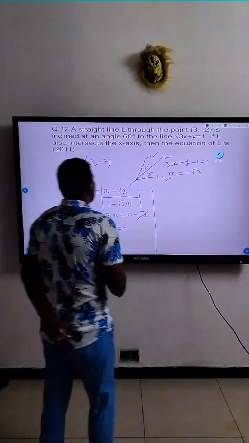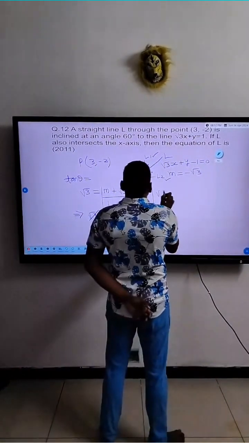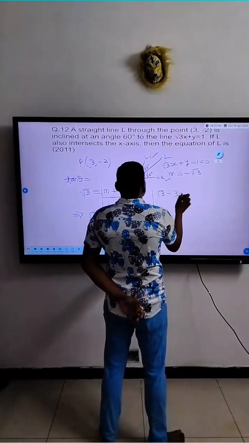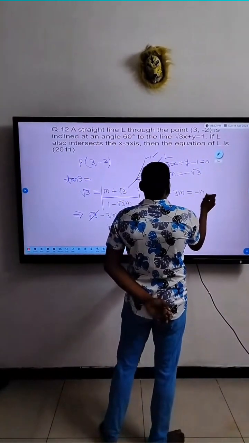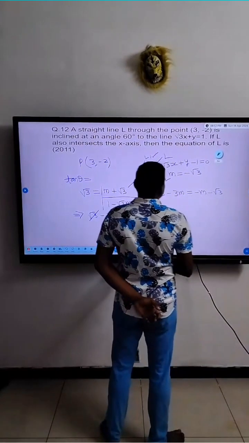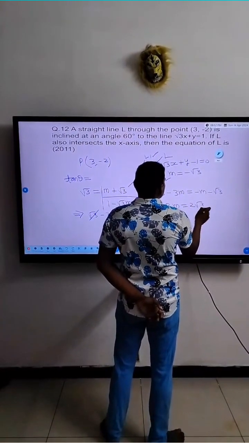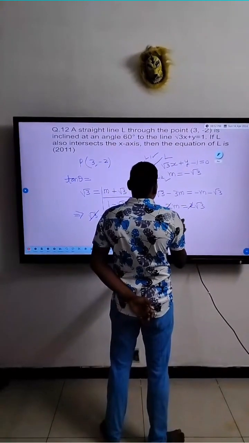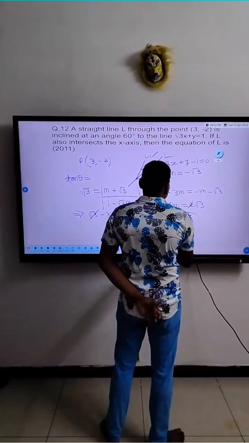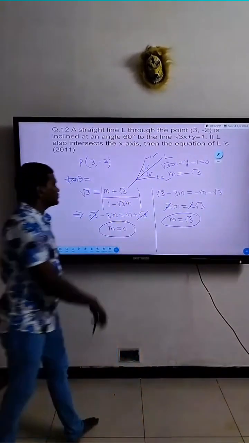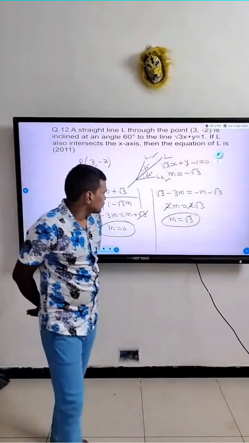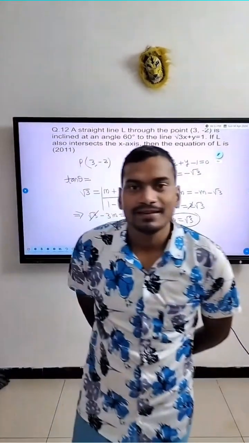If we take minus sign, root 3 minus 3m is minus m minus root 3. That is, 2m is 2 root 3. Two values we are getting, m equal to 0, m equal to root 3.